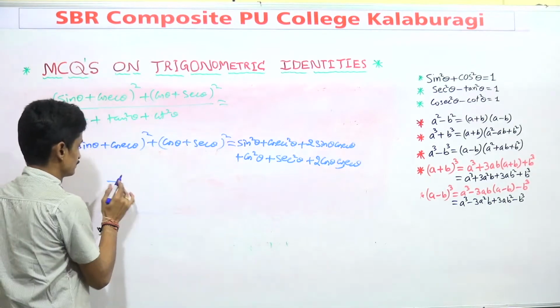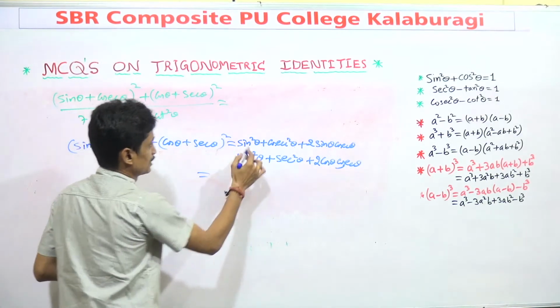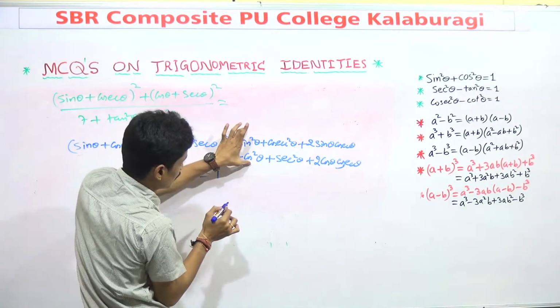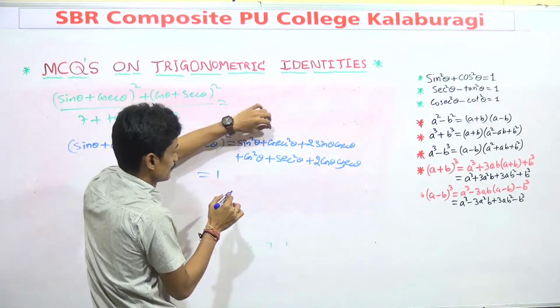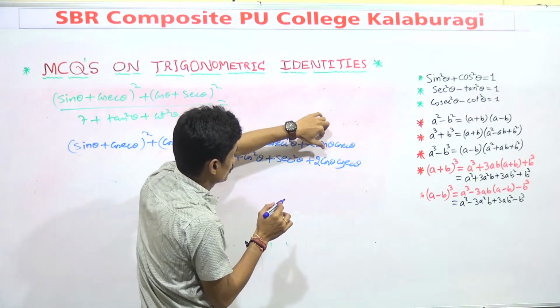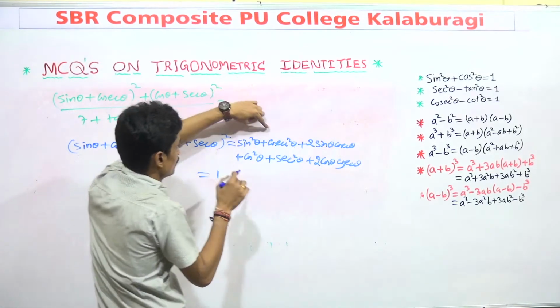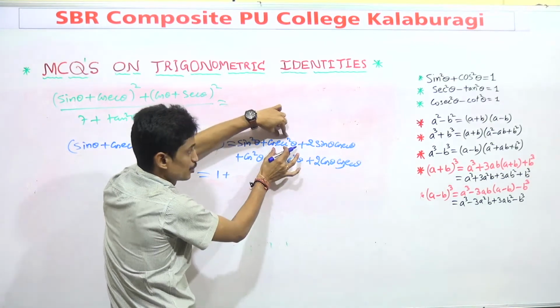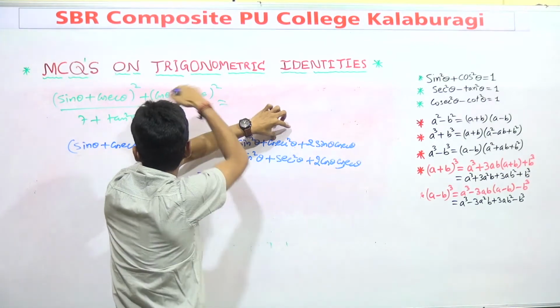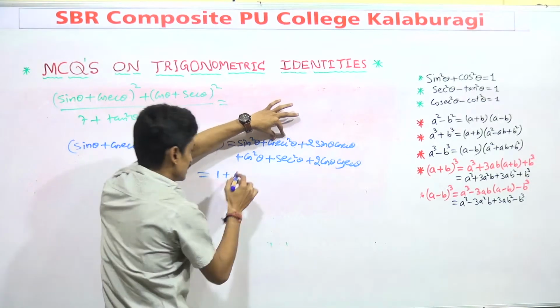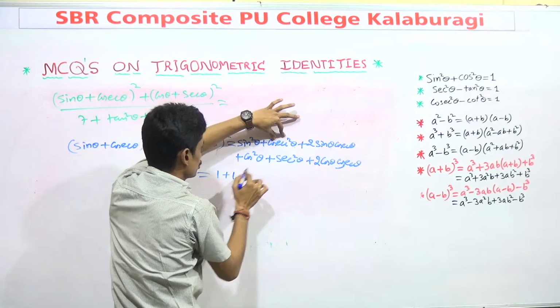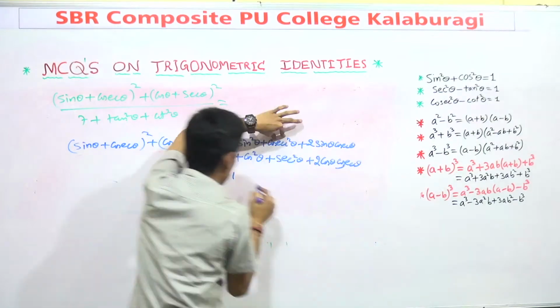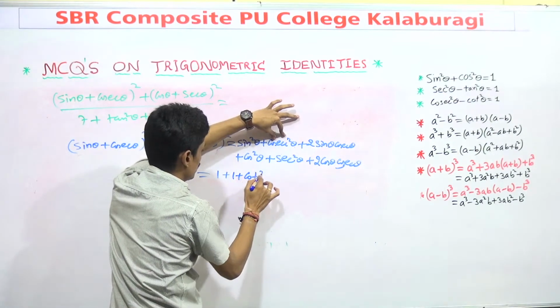What remains? Sin square theta plus cos square theta will be 1, and then 2 sin theta cos theta. Okay, in this part sin square theta is 1. What is cosecant square theta? In the denominator we have tan and cot terms, that's why I will take the identity. Cosecant square theta is nothing but 1 plus cot square theta.